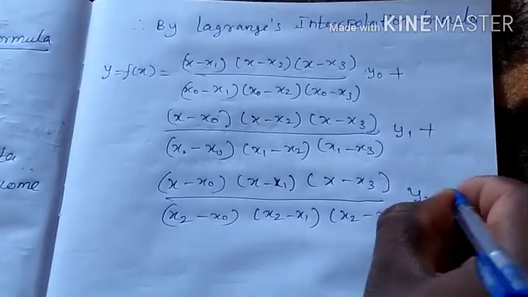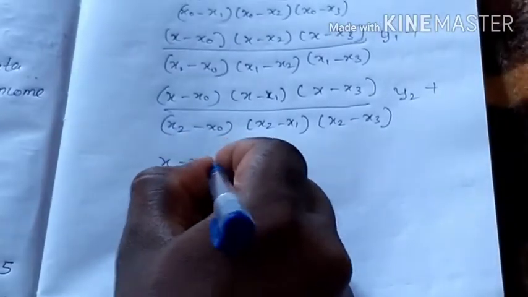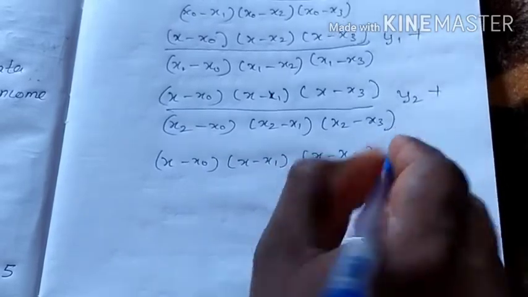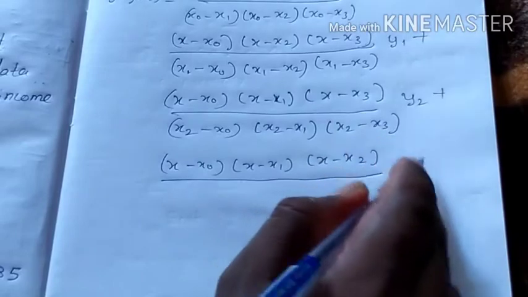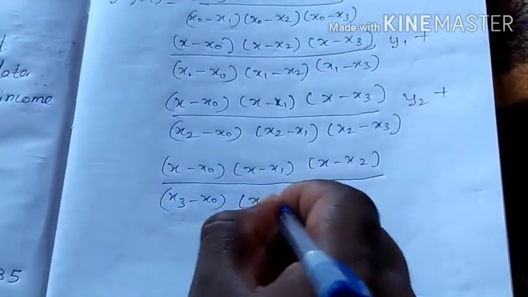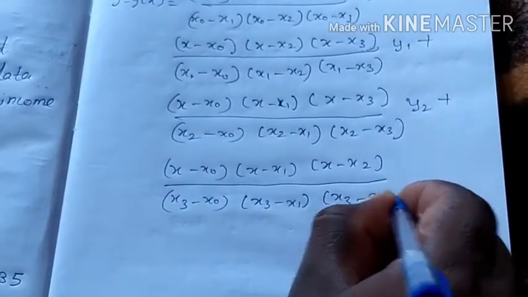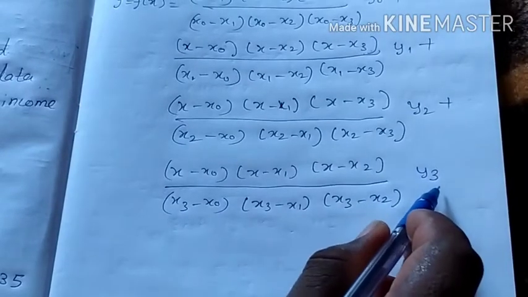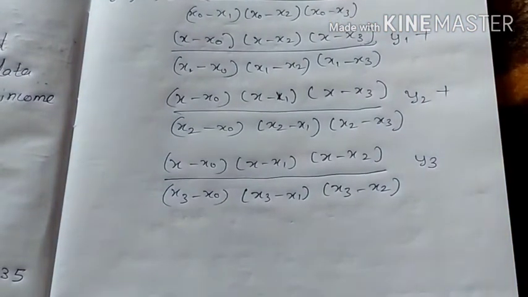Plus x minus x0, x minus x1, x minus x2, where x3 is missing, divided by x3 minus x0, x3 minus x1, x3 minus x2, into y3. Up to y3 we want to write. That's all your formula. Have you understood?